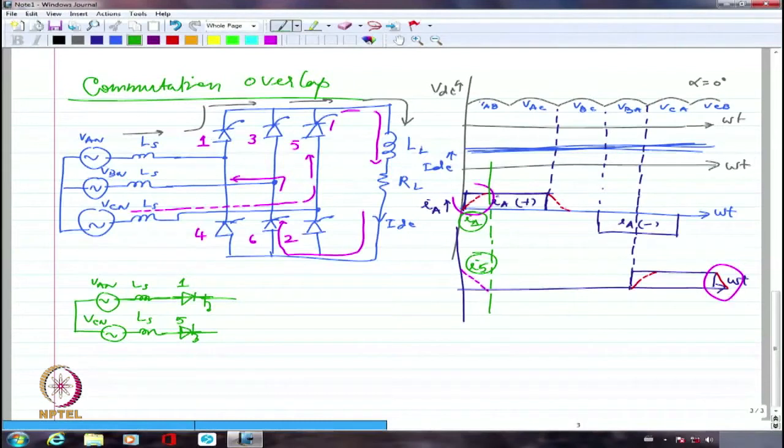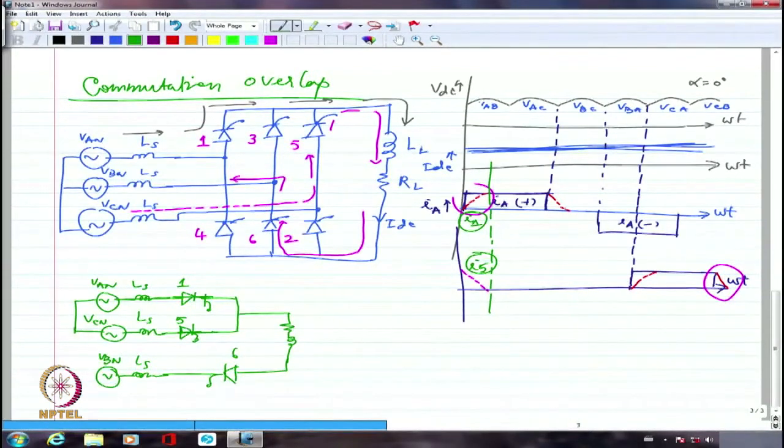And now this is connected together. And here is my RL load. And the return is actually through 6. So there is only one device, which is 6. And then I am going to have LS, and I am going to have VBN.